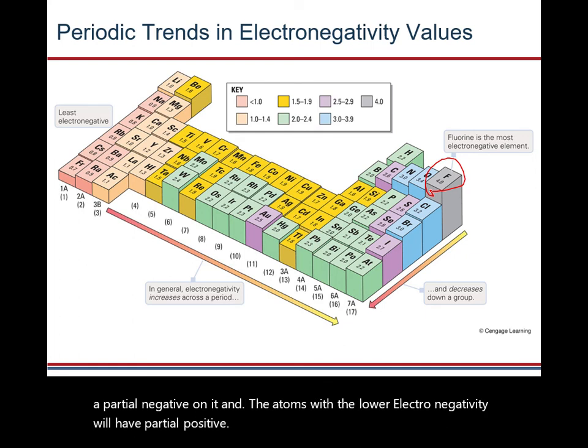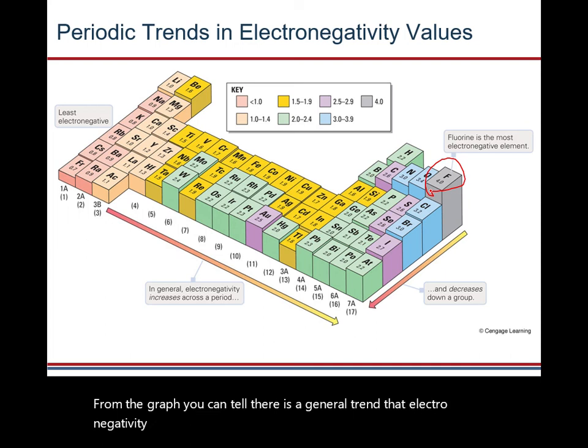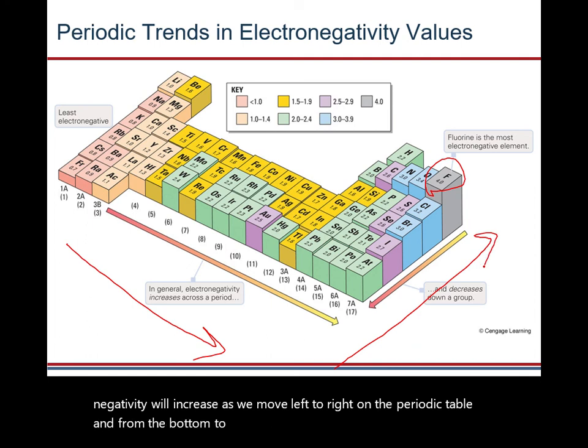From the graph, you can tell there is a general trend that electronegativity increases as we move left to right on the periodic table, and from the bottom to the top, electronegativity increases.